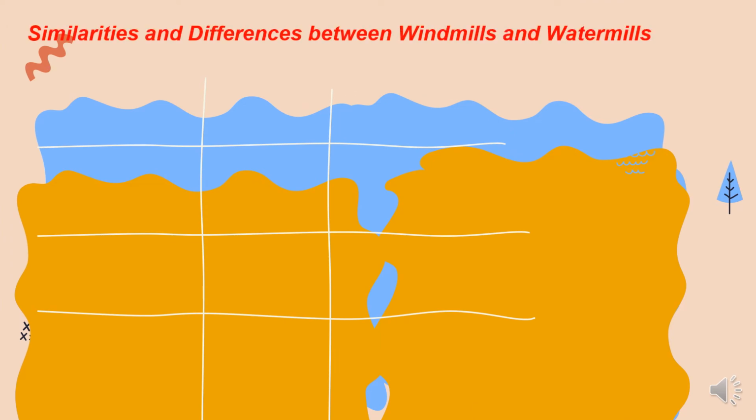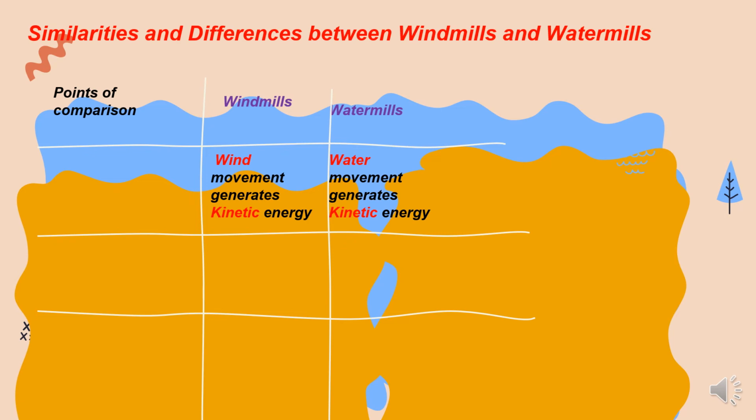Now, grade 4, let's summarize the similarities and differences between windmills and watermills. We're going to summarize it in points. So, number 1, the energy used in windmills is, excellent, grade 4, the wind movement which generates kinetic energy, while the energy used in the watermills is, excellent, grade 4, water energy, which generates kinetic energy.